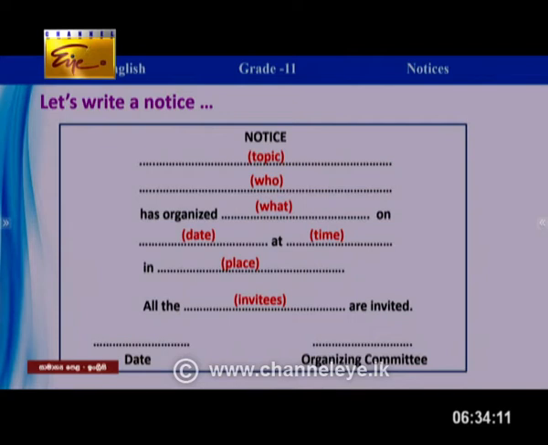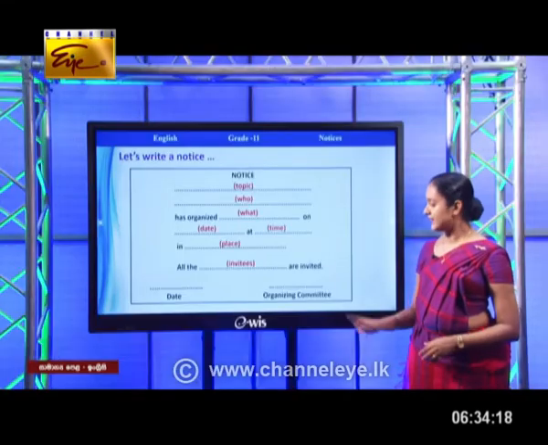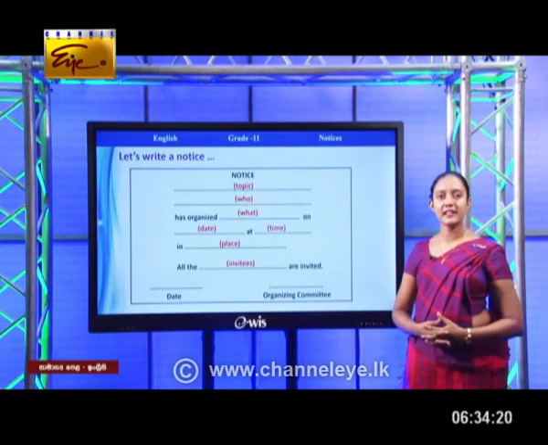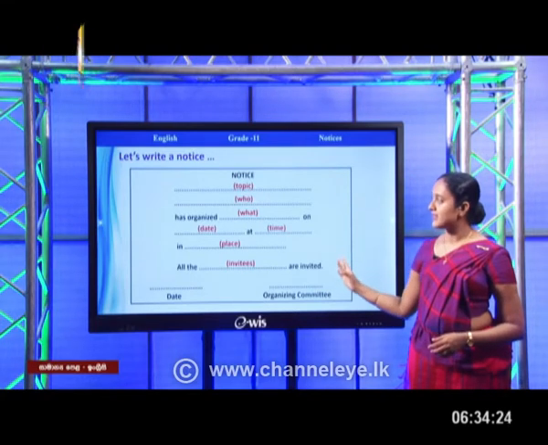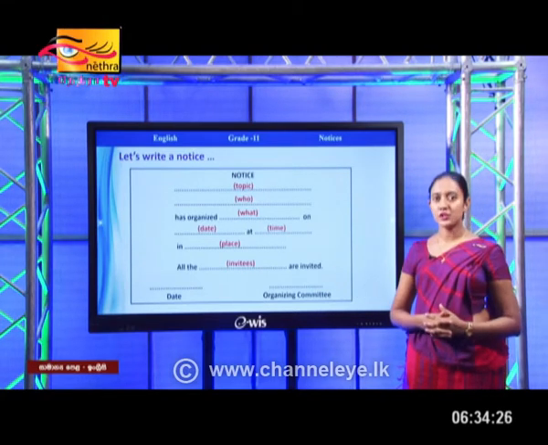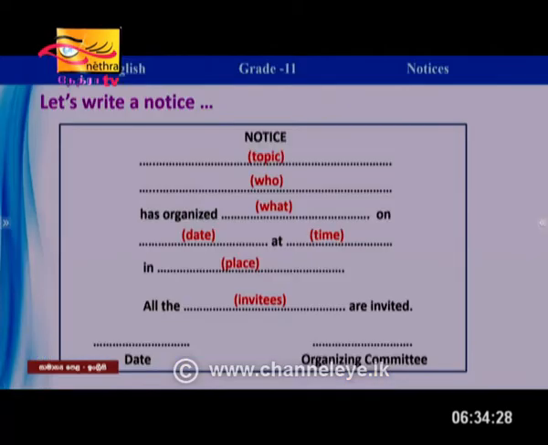And then here in the right hand corner, you have to include who is writing this notice. Here it is the organizing committee. So, children, remember these are the important points which you should remember when writing a notice.